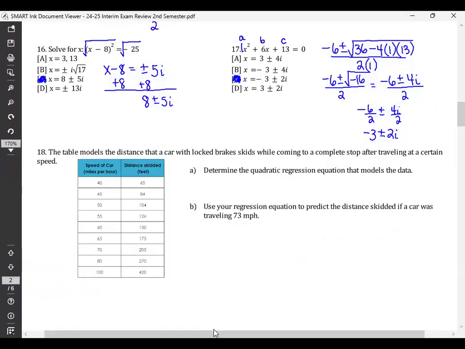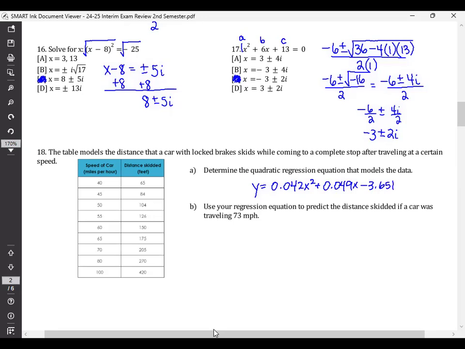We used Desmos and found that our equation was y equals 0.042x squared plus 0.049x minus 3.651. Then we plug in 73 into that.